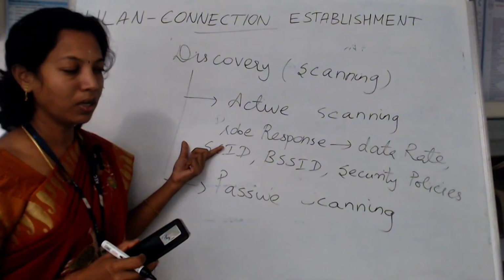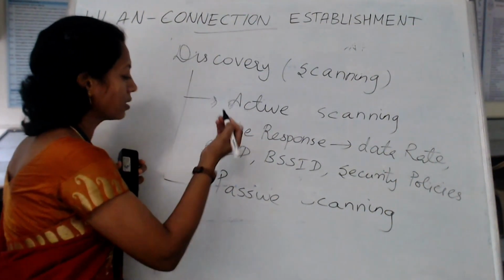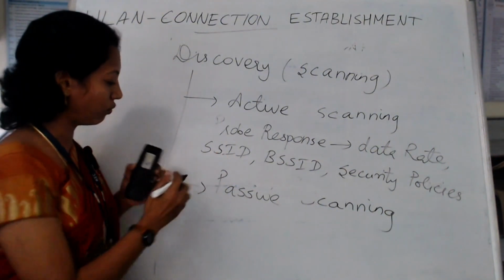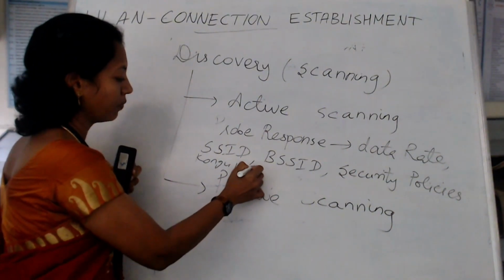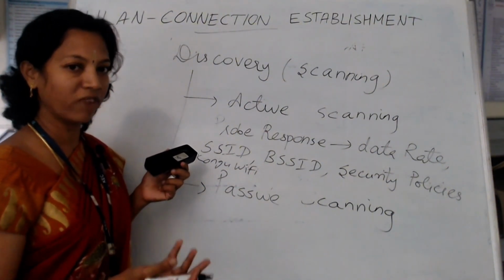For example, if my academic network name is Kongu Wi-Fi, then the service set ID is Kongu Wi-Fi, that is the network name. If it is a home network, we can say home Wi-Fi.